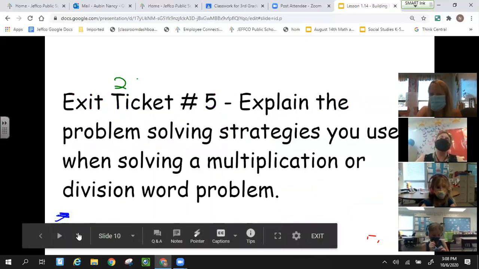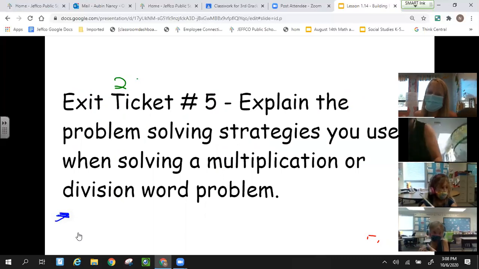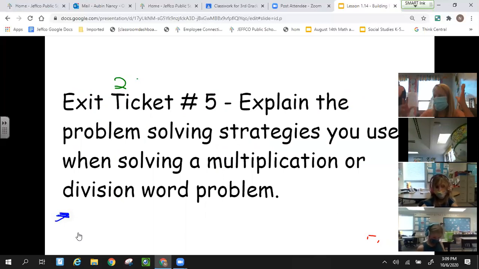So here's what you're going to do. For your exit ticket, you are going to explain the problem-solving strategies you use when solving a multiplication or division word problem. Now, there are many. This does not have one right answer. You might give me 5 strategies you use. You might say, I read the problem, I visualize, I draw a picture.